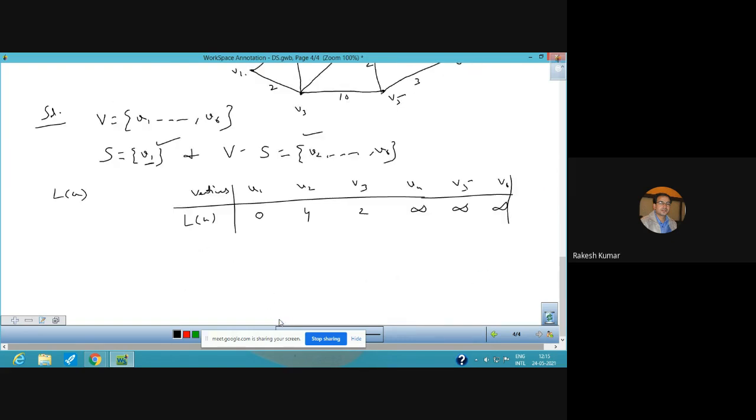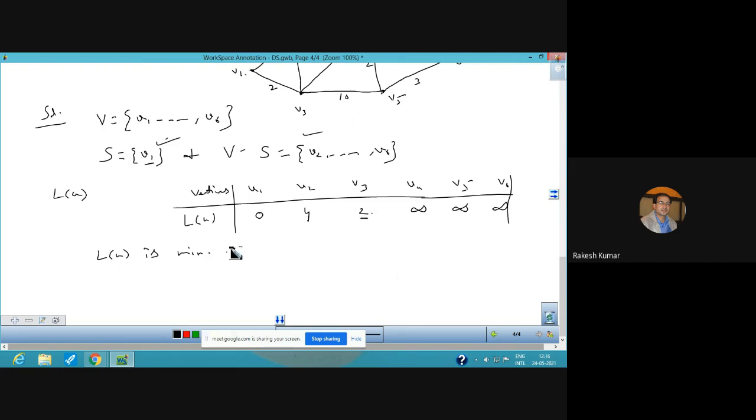Now we have to use the minimum value. L of U is minimum. The first value cannot be used because V1 is already in the set, so there is no need to use it. Among 4 and 2, 2 is the minimum value.